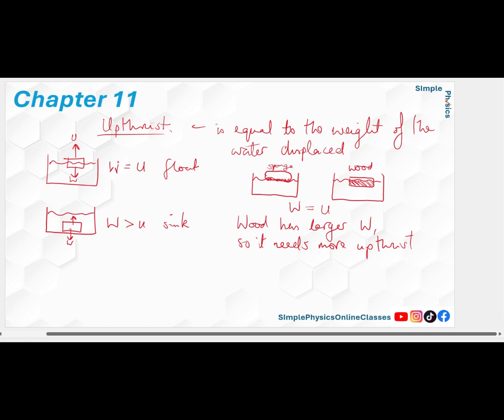So if you want more upthrust, you've got to displace more water. The best way to displace more water is to sink further in. So it needs more upthrust, so it sinks further to displace more water to create more upthrust.